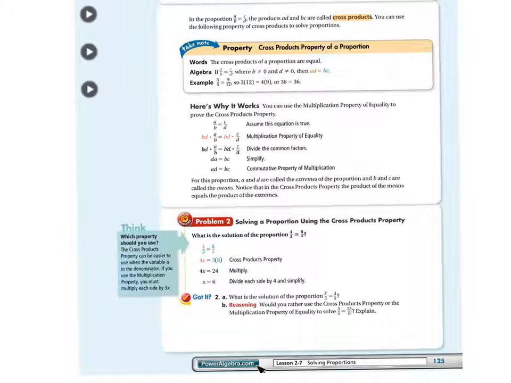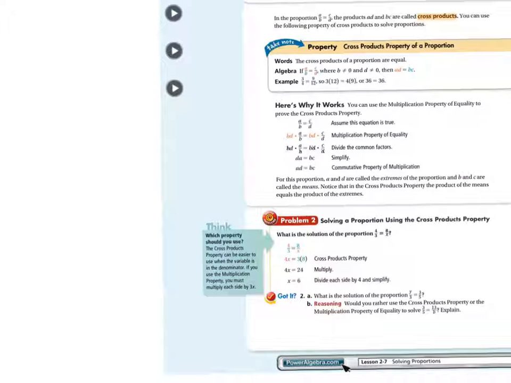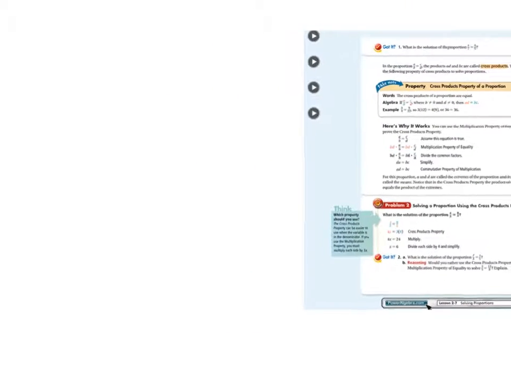The next thing the book talks about is cross products, or sometimes they call it cross multiplication. This is going to be kind of my last resort. Like if nothing else works, I will do this. Sometimes we need to do it this way. Usually what I'm going to do, the very first thing, is I'm going to be looking for patterns.